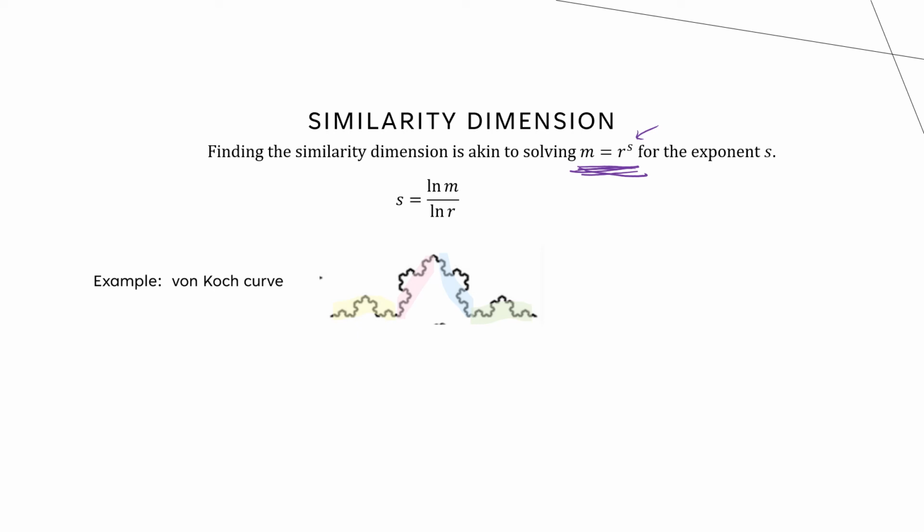So I've highlighted the four different, four similar pieces. It's a self-similar curve where we have this piece, then the middle third piece, and then the last third piece.